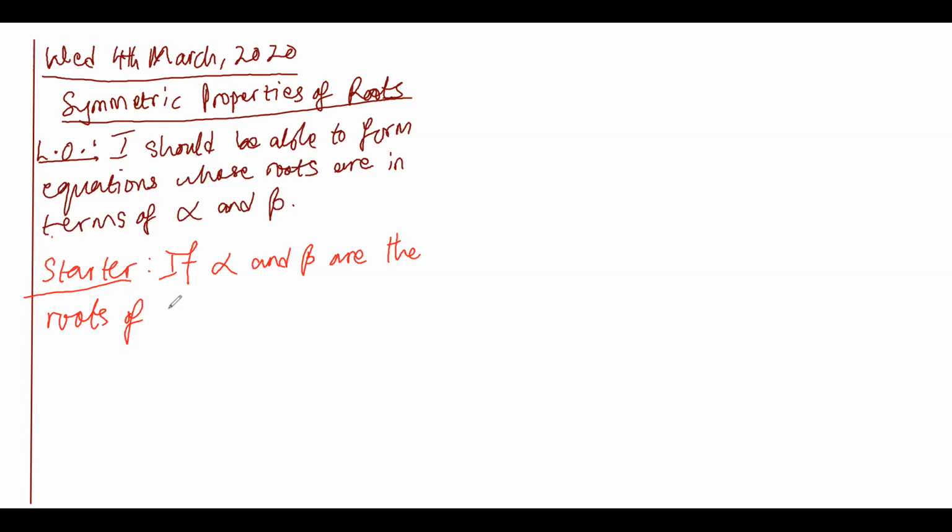Let's take a mnemonic one so that we can easily check. So the first question.